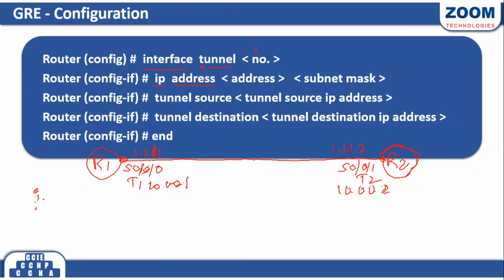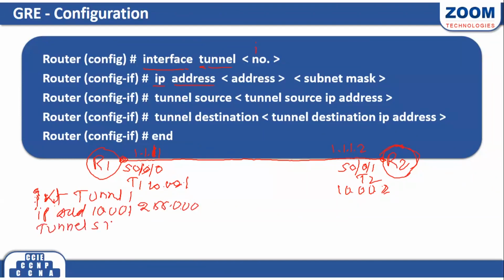See the commands: interface tunnel 1, IP address 10.0.0.1, 255.0.0.0. Tunnel source. What is the tunnel source?